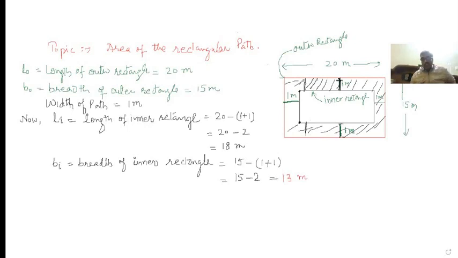Now we want to find out the area of the path. How will the area of the path be found out? Area of the red rectangle minus area of the black rectangle, we will get the area of the path.